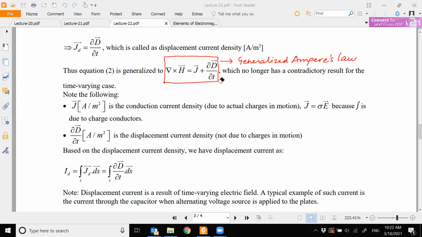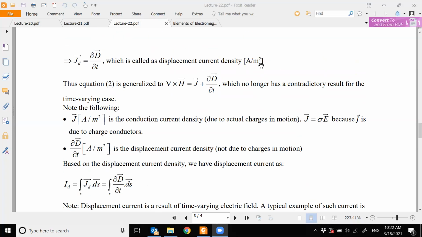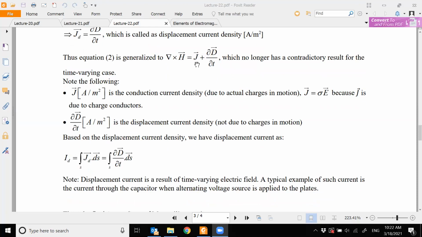dou T. And this dou D bar over dou T has the same units because it's a current density. So it is amperes per meter square. Here, J is the conduction current density. This is due to the motion of charges.